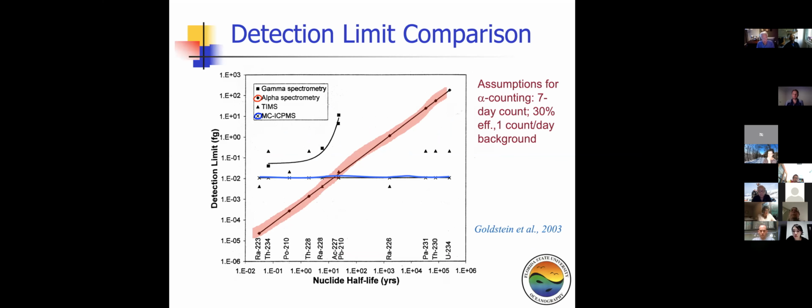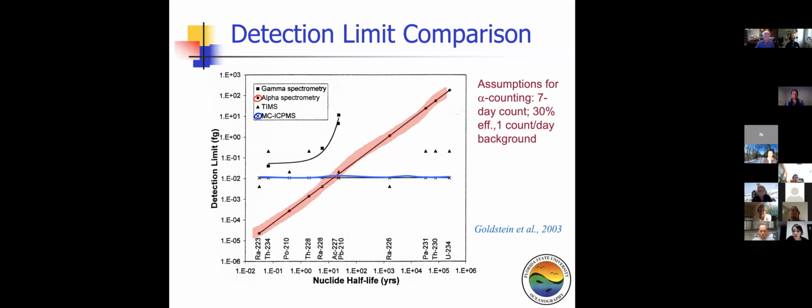And to further illustrate that, this is a slide that I really like to use in teaching because it's a really nice illustration of the relationship between mass and activity. This is from a review paper by Goldstein et al. It was a review paper on uranium disequilibrium dating, if I remember correctly.